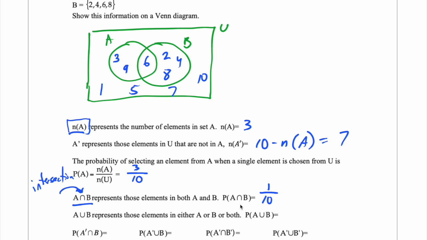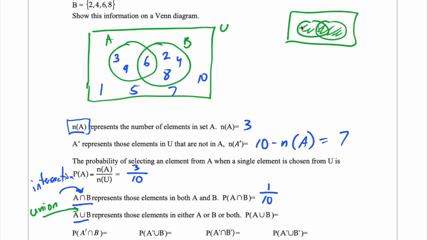Okay, that's the intersection. This is the union, or you could call it OR. What's the probability of an element being in A or B? So then the Venn diagrams, let me draw the Venn diagrams for this.